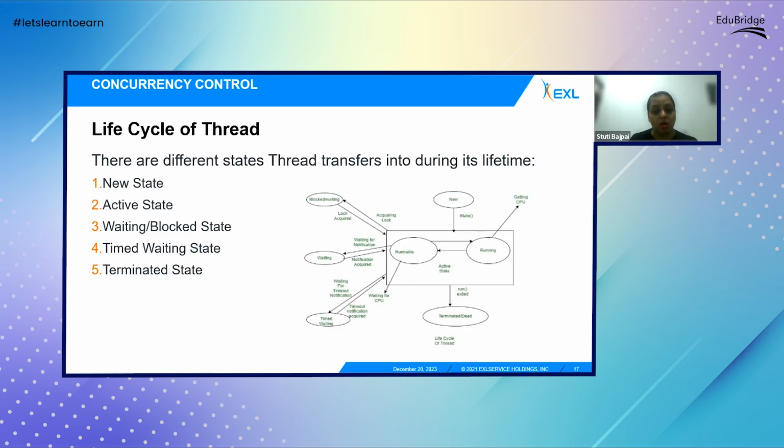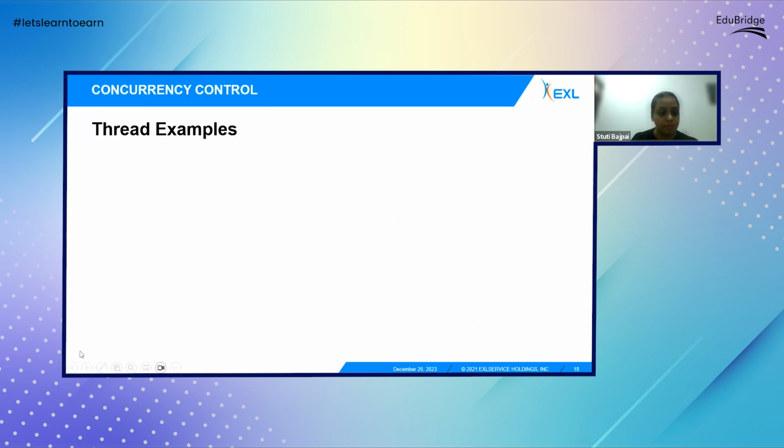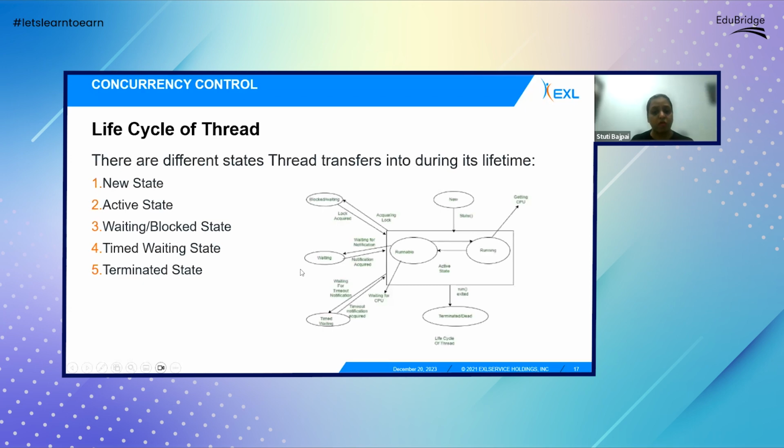We can call the wait method on it, which means it will wait until it is notified to start running again. And then there is timed waiting, where it will wait for a certain time. But that doesn't mean that once the time is over from sleep and wait, it will start executing again. Again, it's up to the JVM whether it keeps it in the running state and runs the execution.